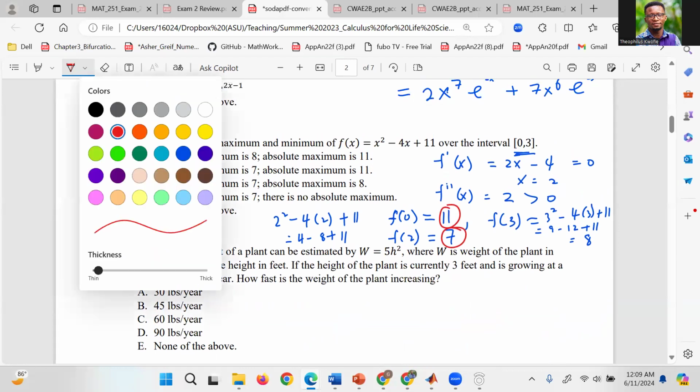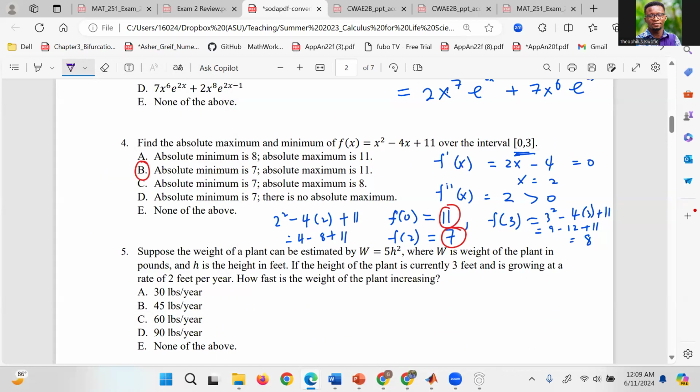With the next problem, it is said that suppose the weight of a plant can be estimated to be W equal to 5h squared, where W is the weight of the plant in pounds, and H is the height in feet.